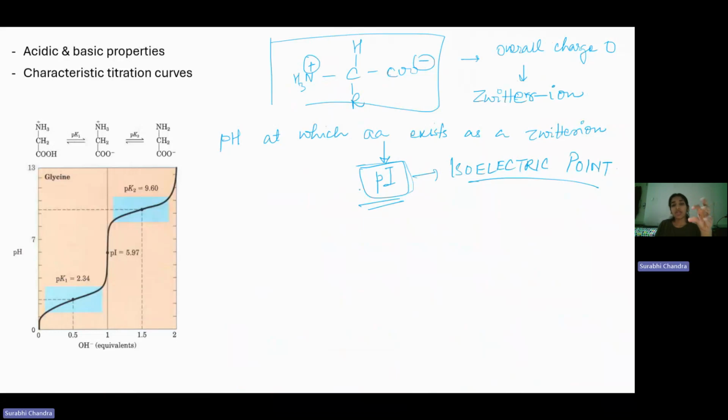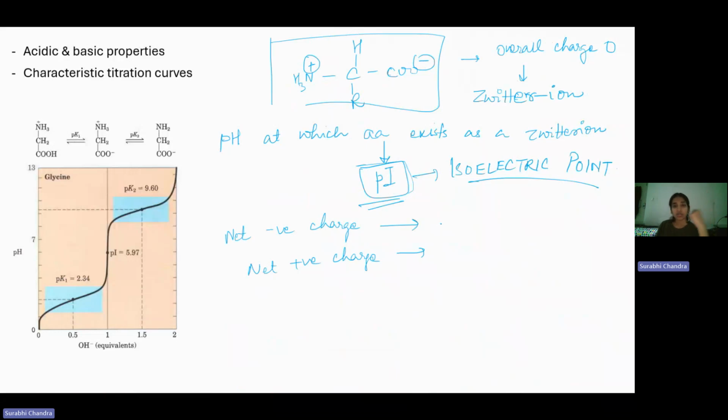Now, if we have to give a net negative charge or a net positive charge to the protein, what we do is, if we increase the pH value, it means OH minus is higher.